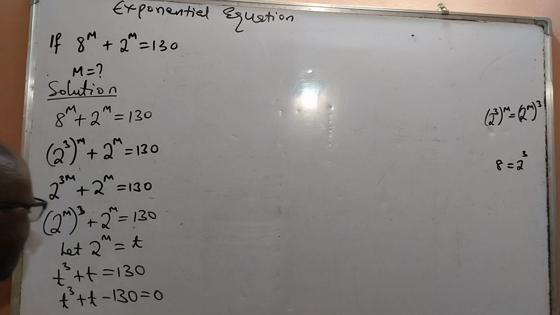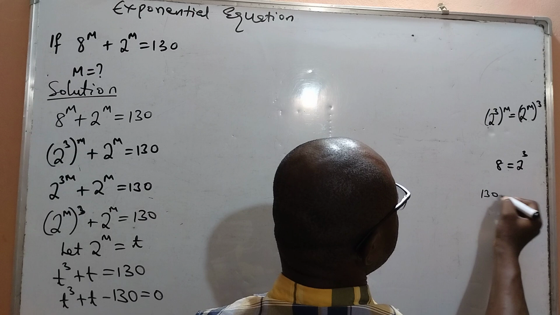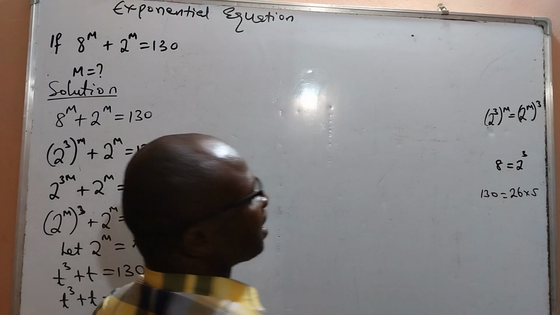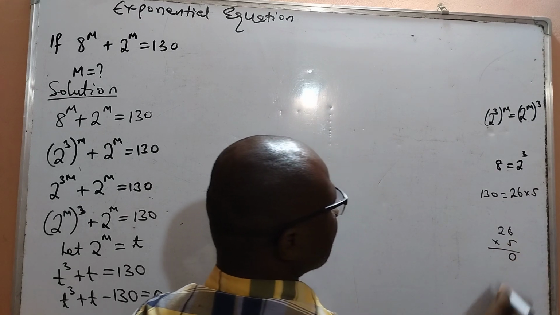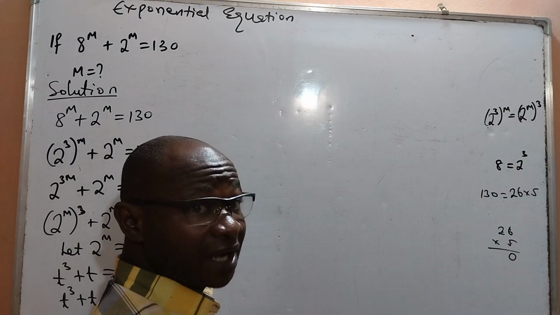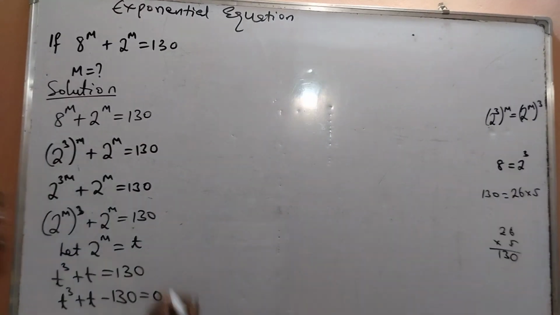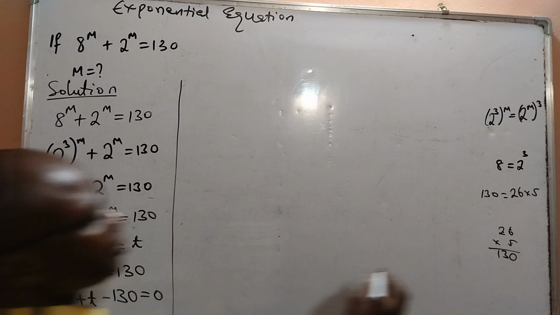Also, 130 is the same thing as 26 multiplied by 5. That is 26 multiplied by 5. 5 here is 30, 5 here is 10 plus 3, which is 13. So I can now write t also.